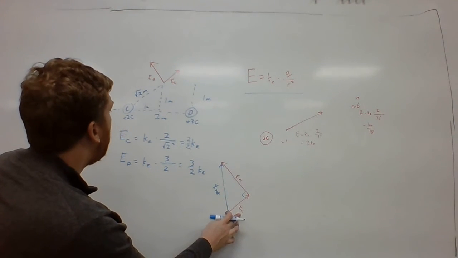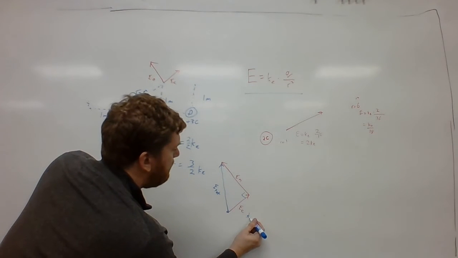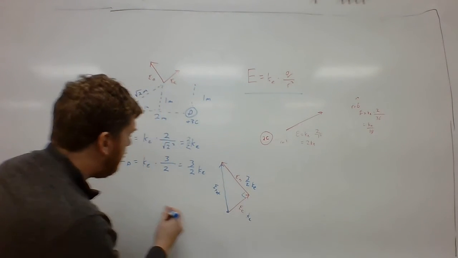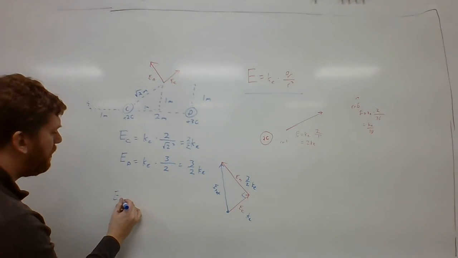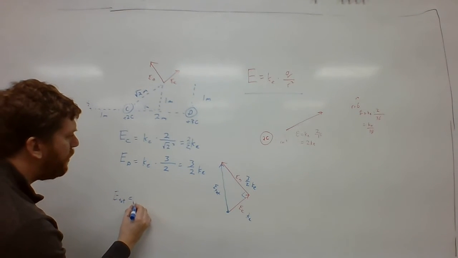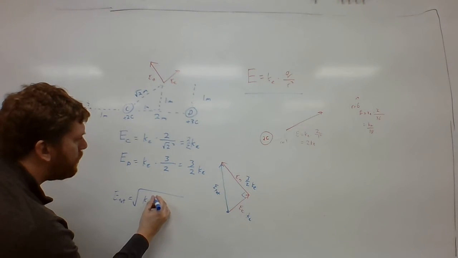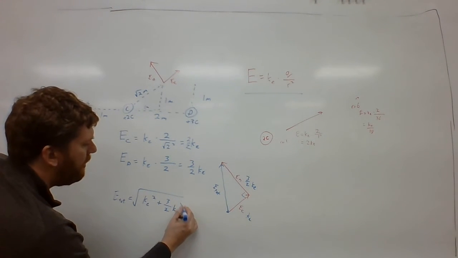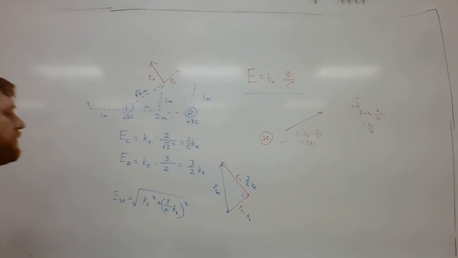So E sub C is k sub e. This is 3/2 k sub e. The Pythagorean theorem says E total is going to be the square root of k sub e squared plus 3/2 k sub e, this quantity squared.